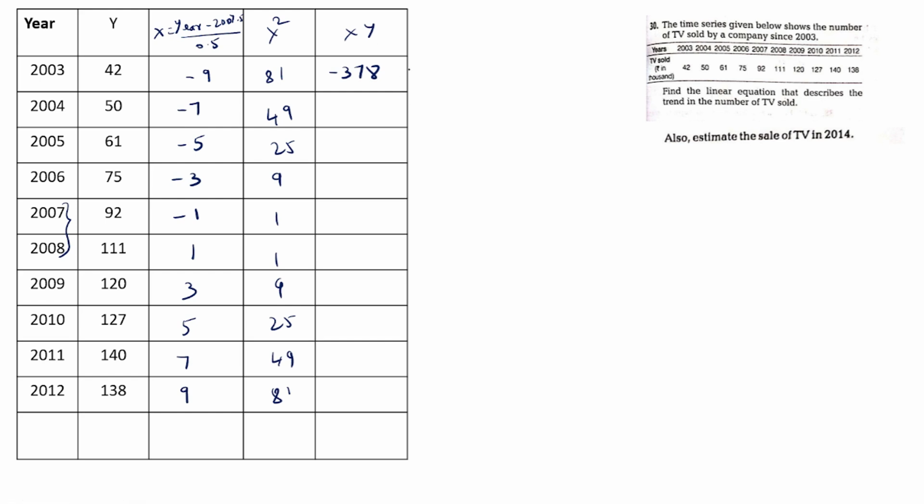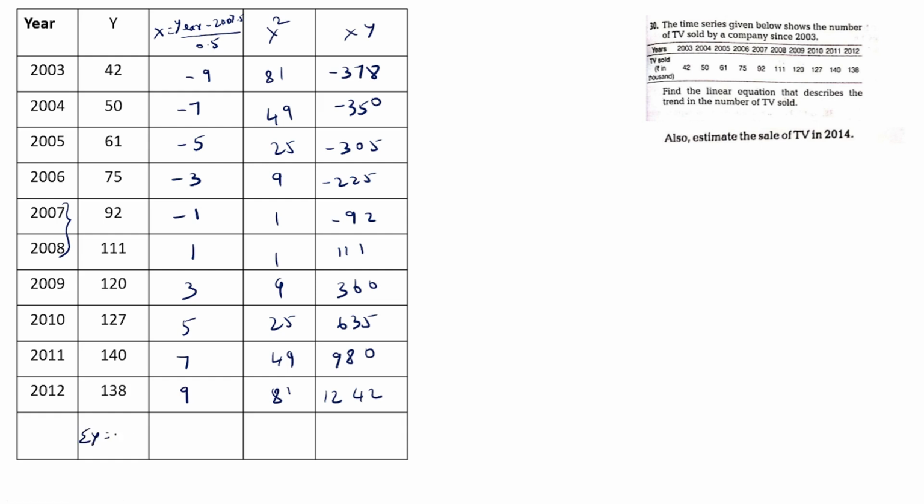Then 50 into minus 7, minus 350. 61 into minus 5, minus 305. 75 into minus 3, minus 225. 92 into minus 1, minus 92. 111 into 1, 111. 120 into 3, 360. 127 into 5, 635. 140 into 7, 980. 138 into 9, 1242. So let us find the sum of all these.